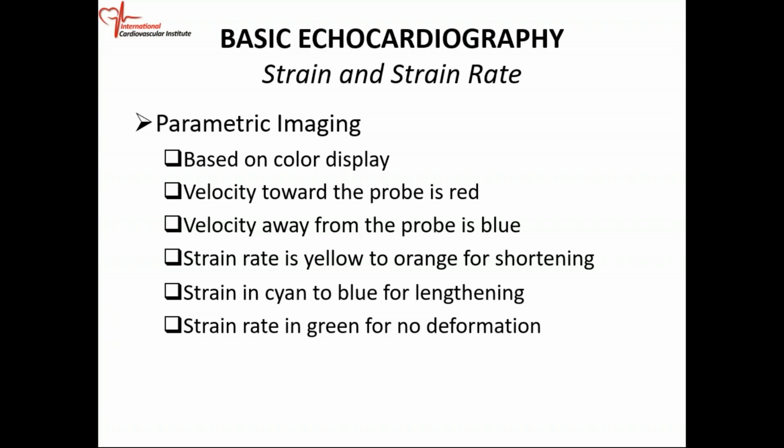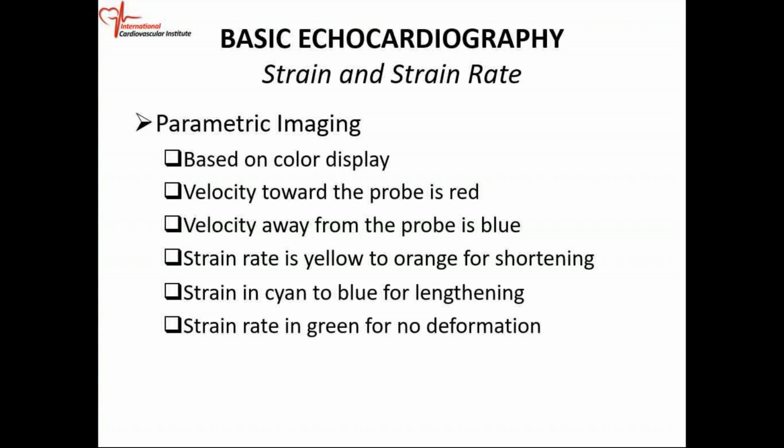So if there's movement towards the probe, you're going to get a red color or different shades of red. If there's movement away from the probe, you're going to get blue or different shades of blue. The difference is that strain is usually color coded in cyan to blue for lengthening.